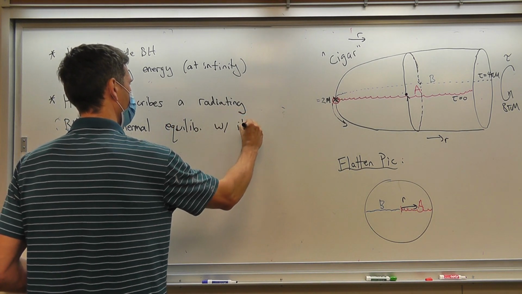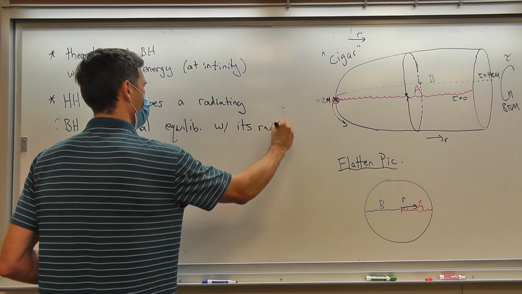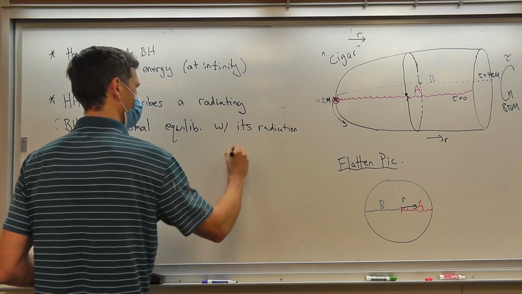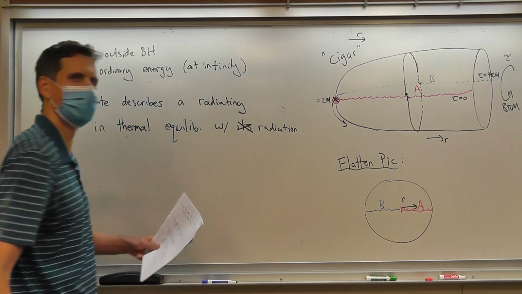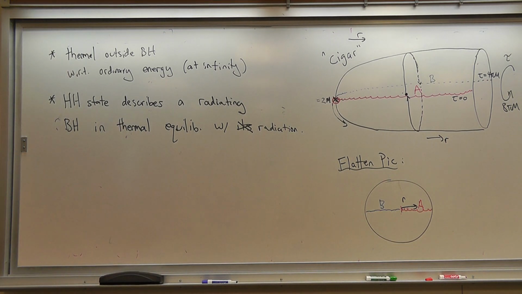With its radiation, or just with radiation, I should say. So it's a black hole, there's a hot gas. Well, not very hot, but it's a finite temperature gas outside the black hole. And this is an equilibrium state.